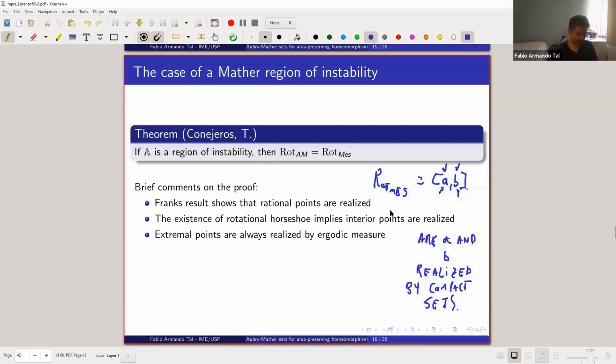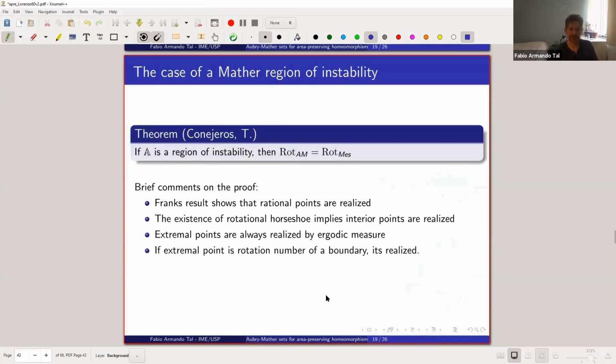And now there are two possibilities. The first possibility is that either A or B are the rotation number of the boundaries. If you are the rotation number of a boundary, you already realize, because the boundary realizes this rotation number.